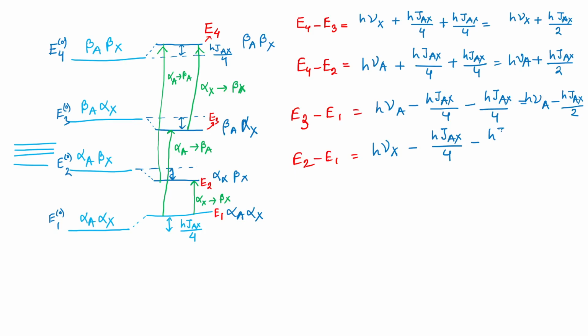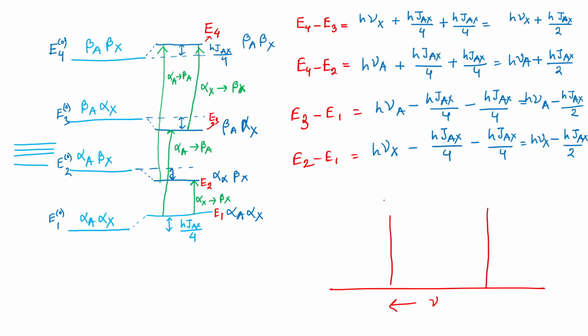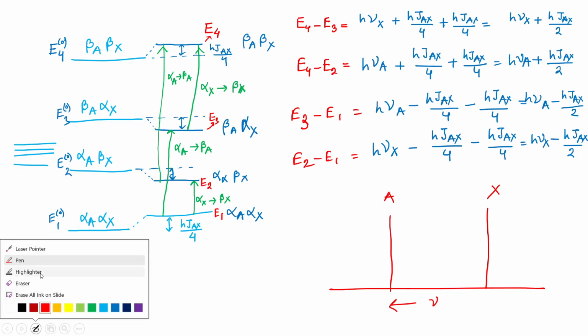Similarly the same will happen for this. But see that earlier what we got, if this is new, this was for A and this was for X. But as you can see, now we are going to get four transitions.